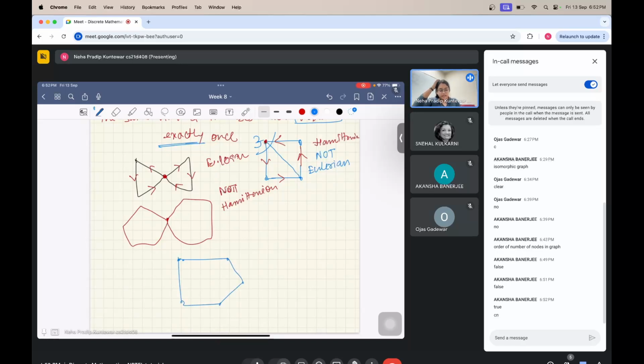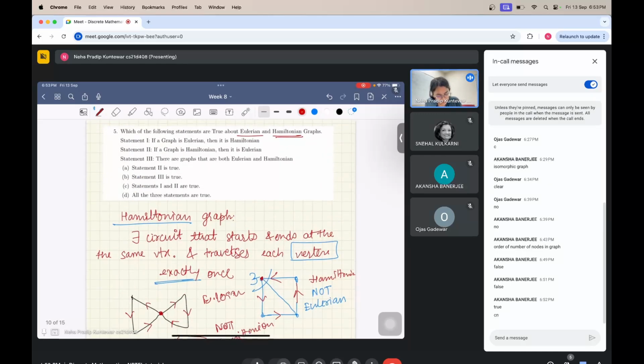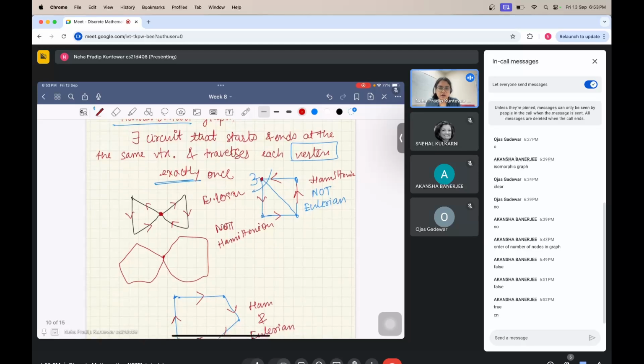Let's say you have this cycle, then all you do is travel across the edges, and you are visiting every edge exactly once, and you are visiting every vertex exactly once except the start vertex. So this is Hamiltonian and Eulerian. So the answer is only statement B is true, because for the rest of them we have a counterexample.